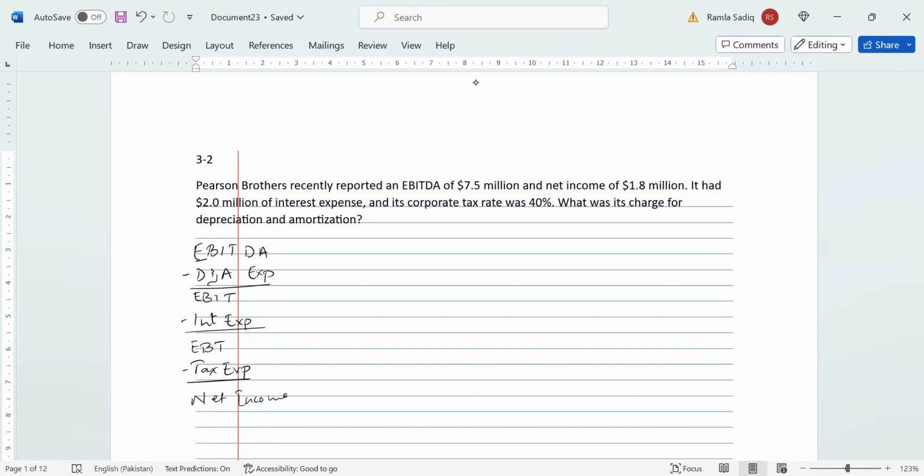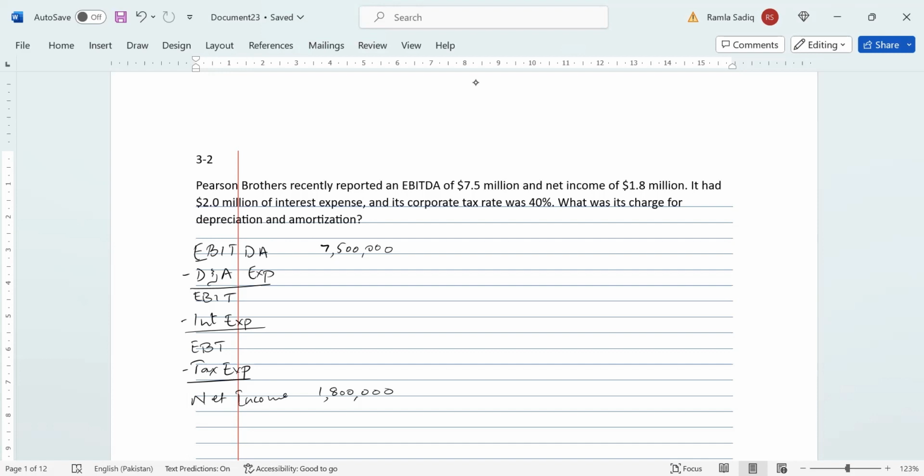Now, using this format, essentially what we want to do is put in our relevant numbers. So 7.5 million in front of EBITDA, and then of course 1.8 million in front of our net income. And this basically tells us how many steps we need to calculate before we can reach our relevant answer.